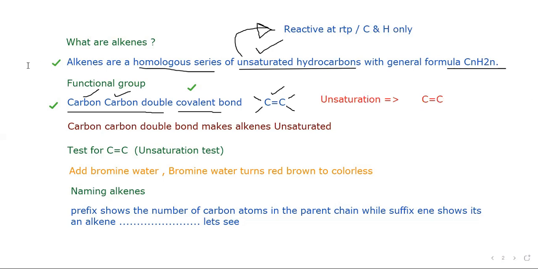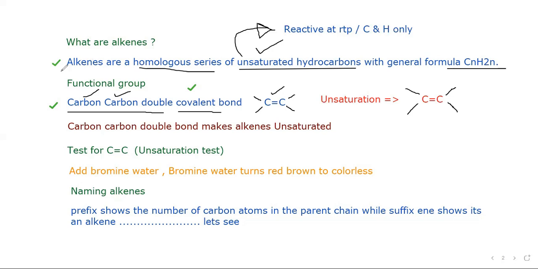The word unsaturation reflects that this structure, this compound, this molecule has one or more carbon-carbon double bonds. Any confusion?